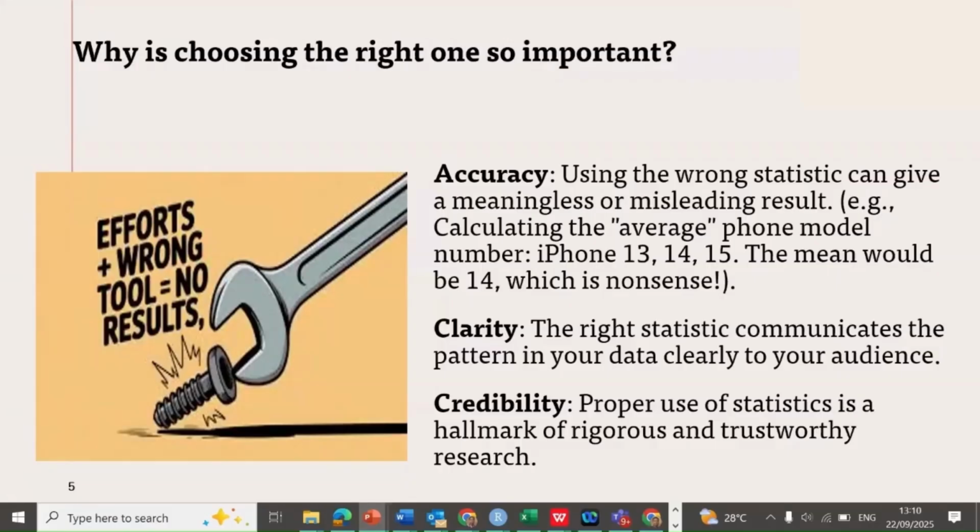Again, another thing which makes descriptive statistics important is that it offers clarity. The right statistic communicates the pattern in your data clearly to your audience. And it also gives credibility to your data. Proper use of statistics is a hallmark of rigorous and trustworthy research.